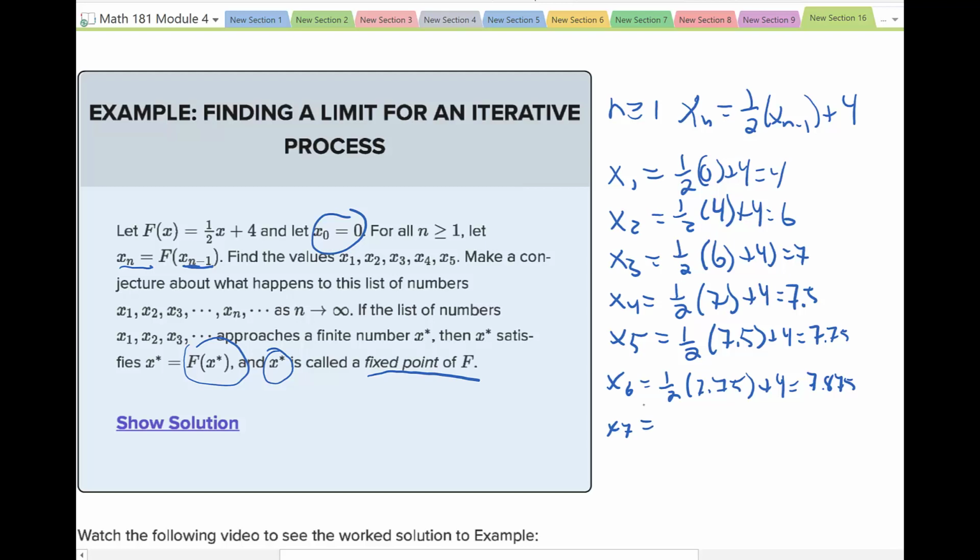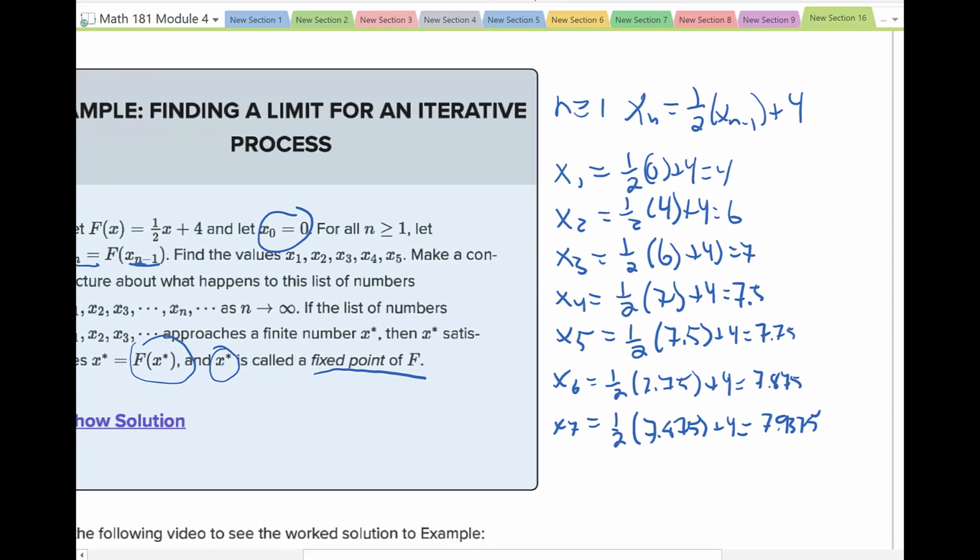x7, I know they only said to go to x5, but I feel like we have to go a little further just to see where it's going. 1/2 of 7.875 plus 4 is 7.9375. x8 is 1/2 of 7.9375 plus 4, and that's going to be 7.96875.